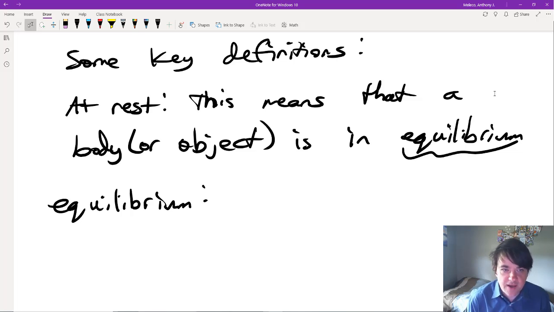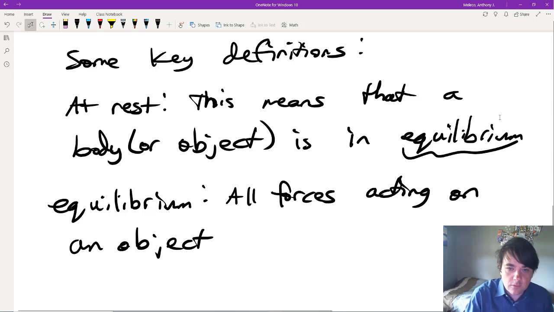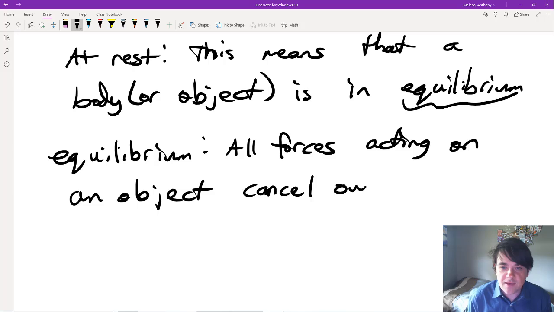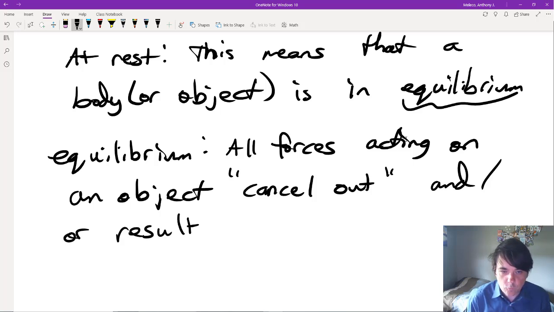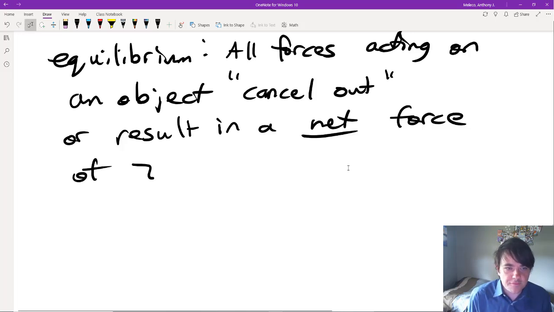Equilibrium means that all forces acting on an object cancel out, or result in a net force of 0.